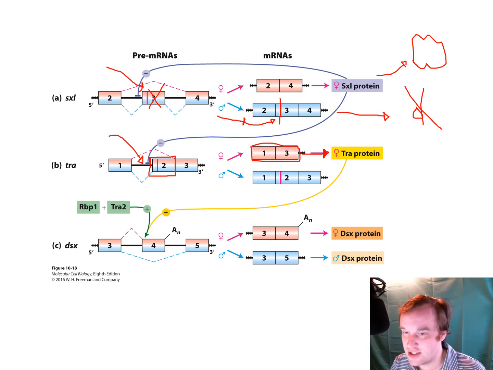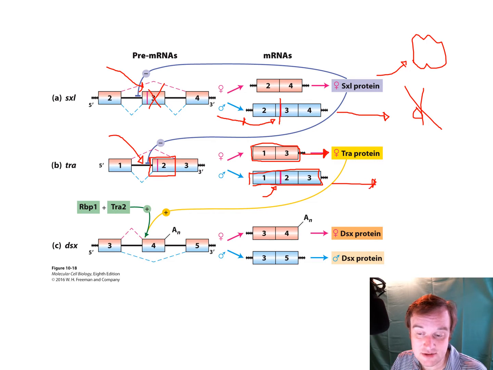Males, because they don't have Sex lethal, are going to have all 3 of those exons. Because of this, in exon 2, they have another premature stop codon. And so again, just like with the Sex lethal gene, they're going to have a protein that's missing part of it, and it's not going to be functional.